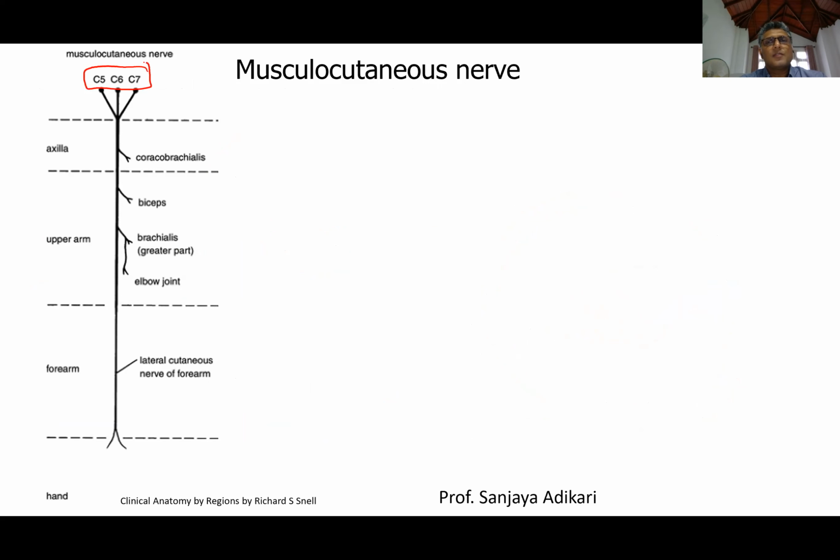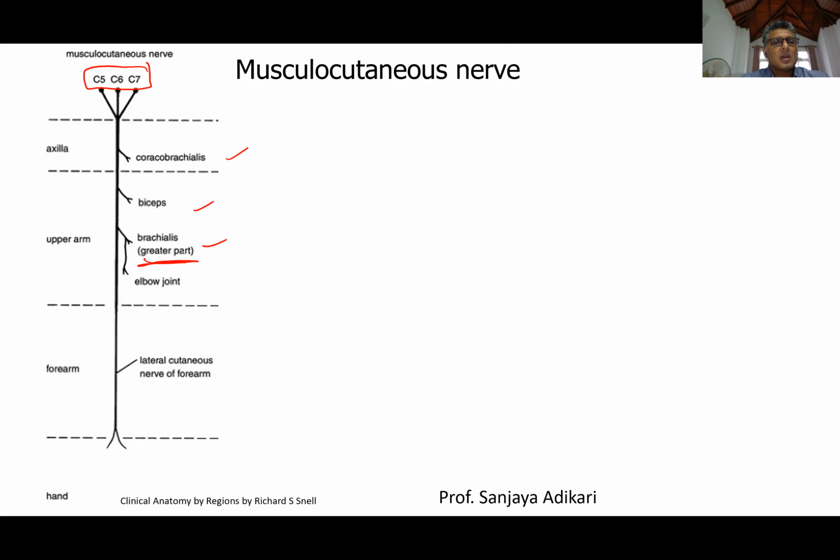You remember it as the first three segments of the brachial plexus. In the axilla, it supplies the coracobrachialis muscle, so that is the first muscle to be supplied by the musculocutaneous nerve. Then in the arm, it supplies the biceps and brachialis muscles.